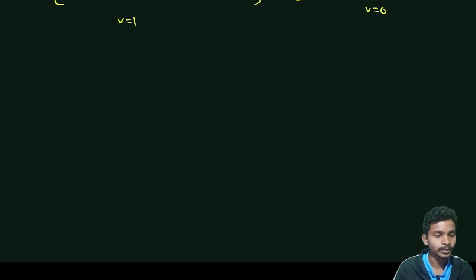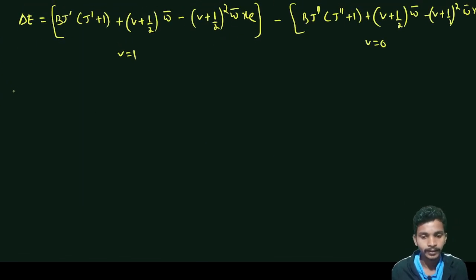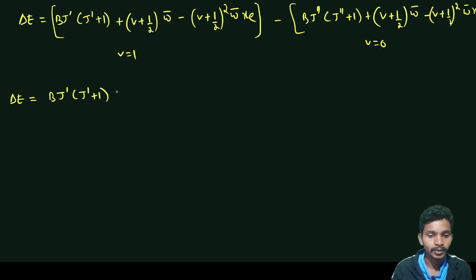So if I write delta E, for v equal to 1 I write B J dash (J dash plus 1) plus, with v equal to 1, 1 plus half is 3 upon 2 omega naught, minus 9 upon 4 omega xe.